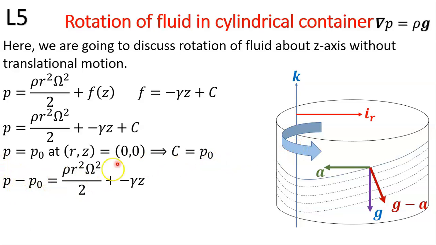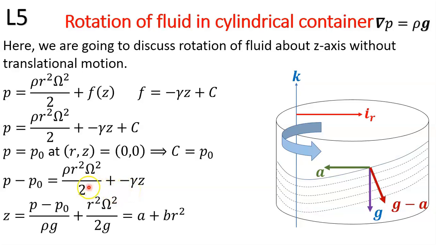Now after substituting c as p0, we can rearrange the equation as p minus p0 equal to rho r square omega square upon 2 minus gamma z. So if we like to rearrange the equation in terms of z, we have p minus p0 upon gamma, which is rho g, plus r square omega square upon 2g, that is equal to, we can call, some constant plus b r square.